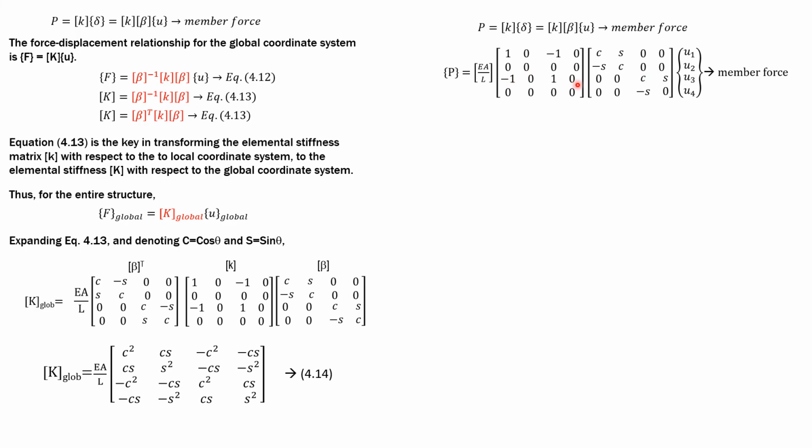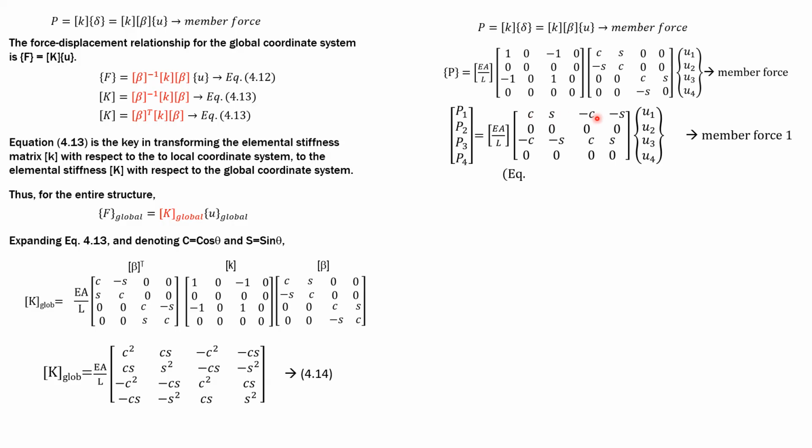If we simplify this further by getting the product of these 4 by 4 matrices, then we have, to be specific, P1, P2, P3, P4 equals E over L, and you have CS, negative, the negative of these first two row elements here. Then remember that the row along with the level of P2 would be all zeros because there's no P2.